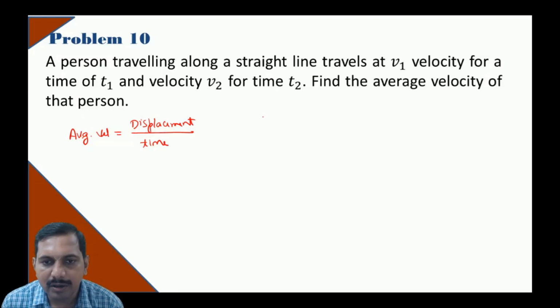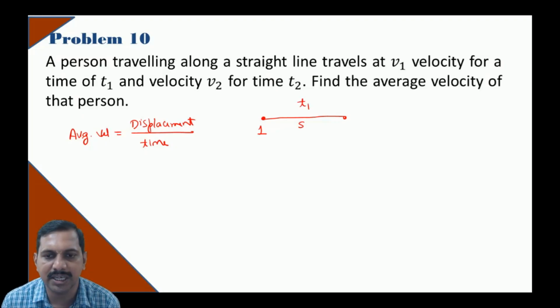Now here we are starting with a point 1 and it is moving for a time t1. We do not know what the distance is, it is s1, and it is moving at velocity v1. Similarly, it is moving for another time t2, we are worried about time here, not the distance, which may be moving a distance s2 with a velocity v2.